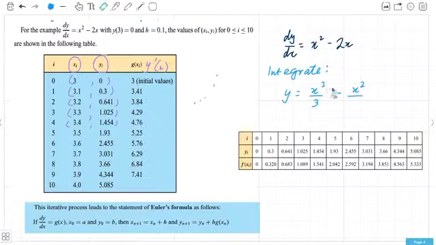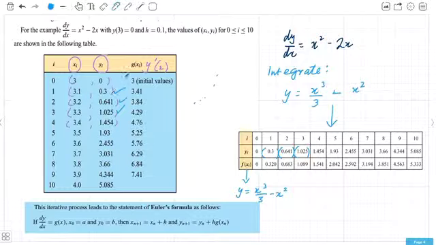And if we look at this table underneath, this table here actually tells you for the function that we've put in this table here is actually y equals x cubed on 3 minus x squared. These are the x and y values. So you've got your first iteration would be 0.3, and then 0.641 and 1.025, and you can see that they come up here as well. So there's a link between this function, x cubed on 3 minus x squared, and our estimation using Euler's method of finding those coordinate points.